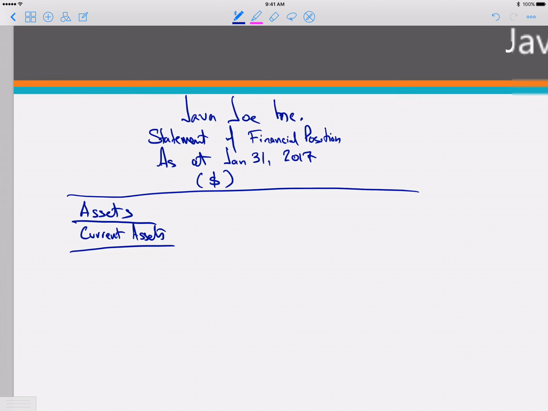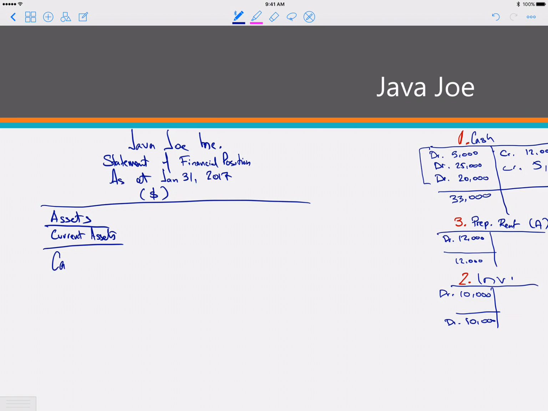So we begin with cash, and we then write the amount that we have. So we have $33,000 of cash. Then our next most liquid asset is our inventory. So inventory, $10,000. And then we have our prepaid rent.